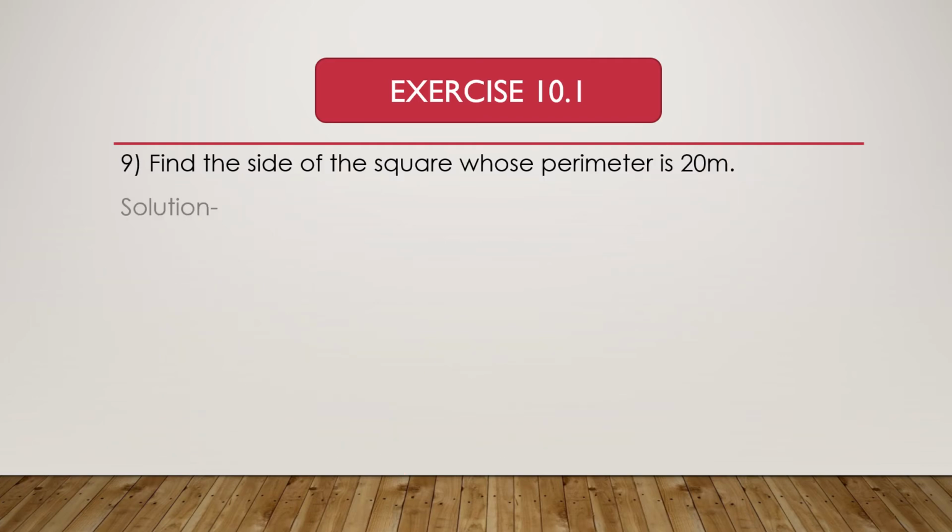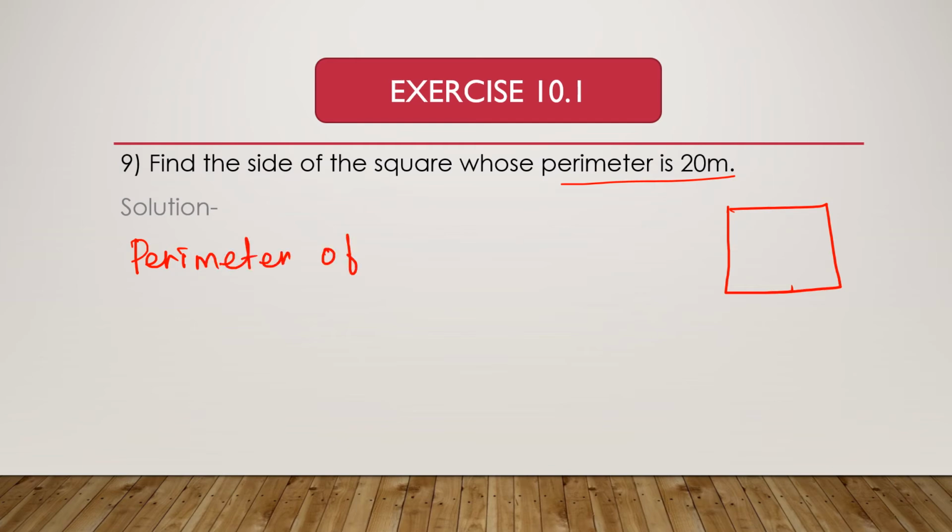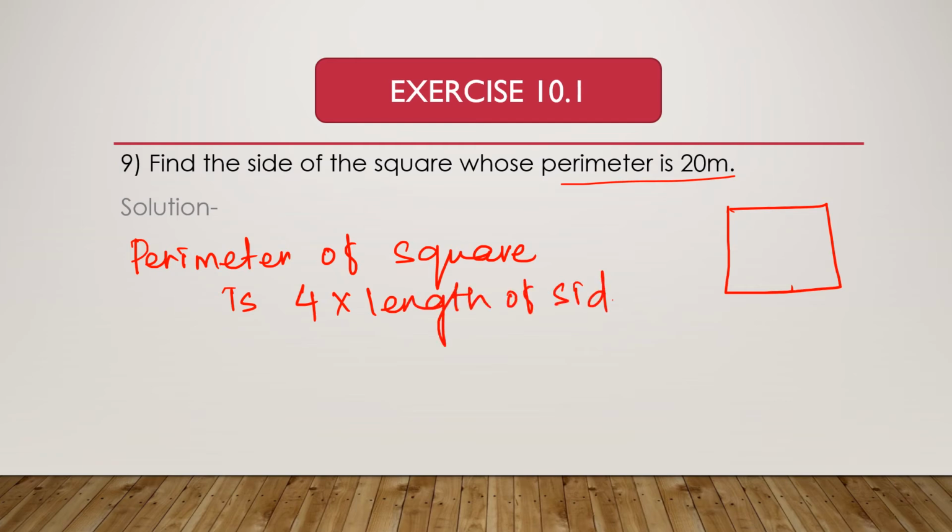Now question number 9. Find the side of the square whose perimeter is 20 meter. Square having 4 sides equal. Perimeter of square is 4 multiplied with length of side. All are equal.